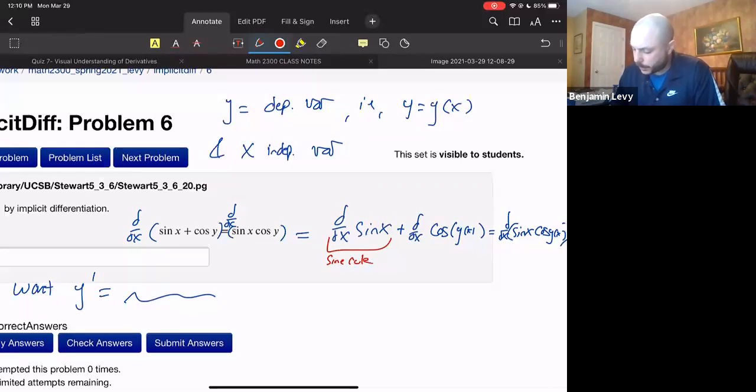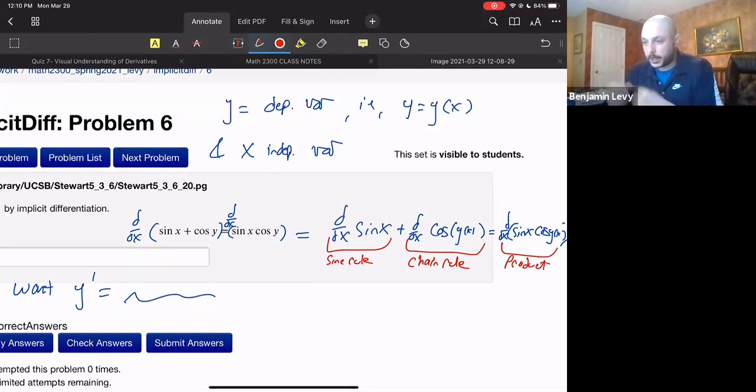But when we do it with the cosine part, d over dx of cosine of y, that becomes a chain rule, because you have the y, you have the function inside the cosine. And then on the right-hand side, we're going to end up with a product rule, where the individual pieces of the product rule are going to be the same thing as the individual pieces on the left.